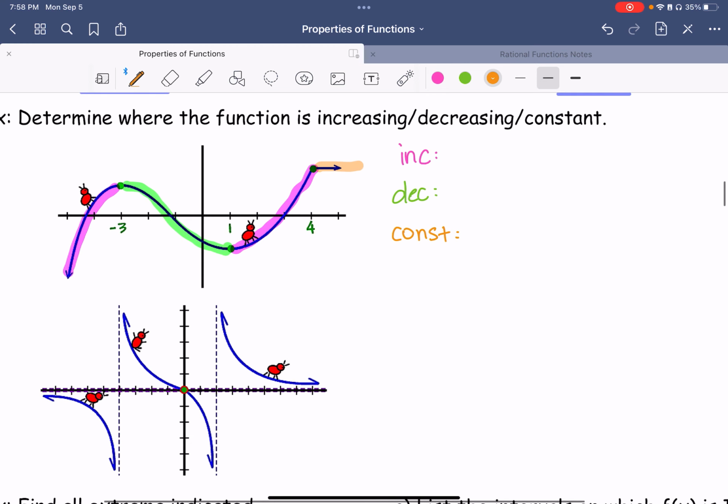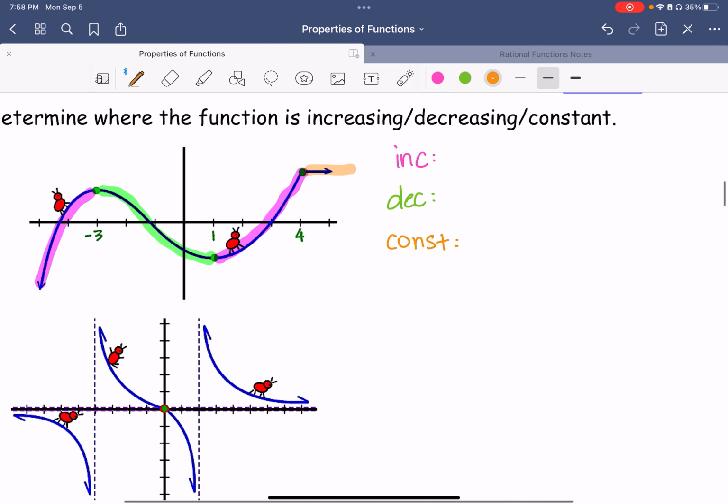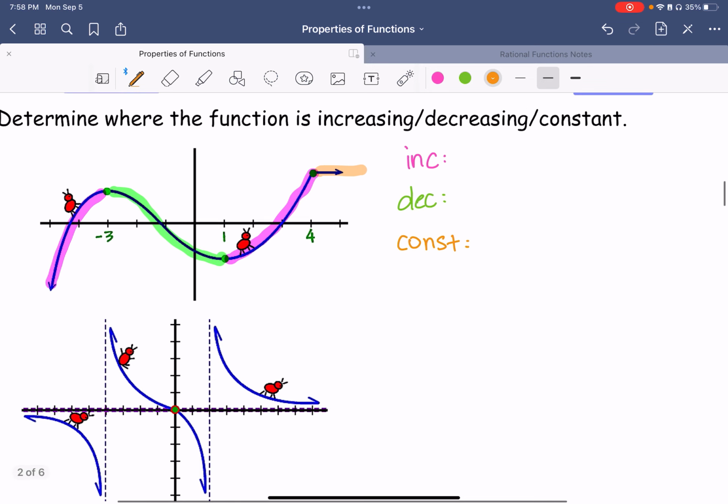Okay. And remember in the first page I said you're only going to be using the x values. So from what x value to what x value are we increasing, decreasing, and constant? Remember that on the left-hand side you have negative infinity. On the right-hand side you have positive infinity. So let's do the pink first.